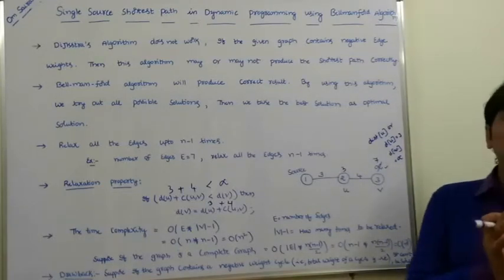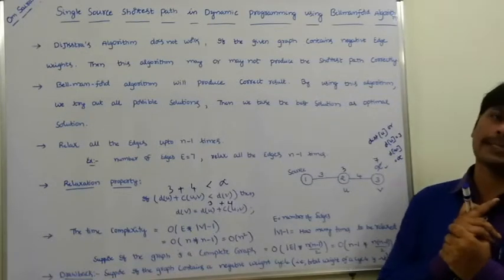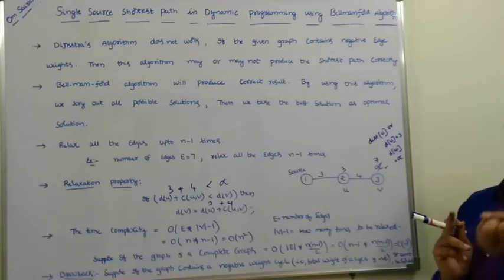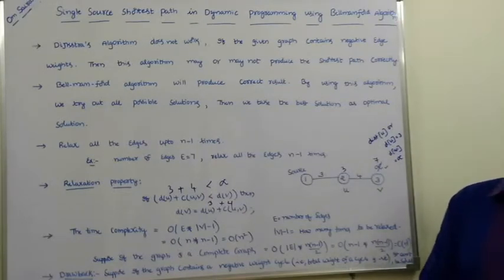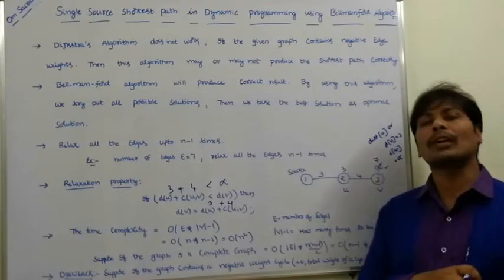So how many edges are to be relaxed? How many times do we have to relax? That is n minus 1 times. How many times the edges are to be relaxed is nothing but n minus 1 times.